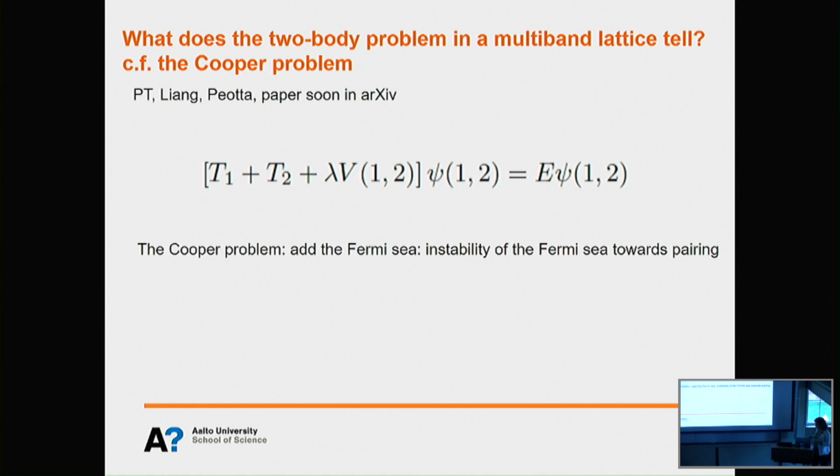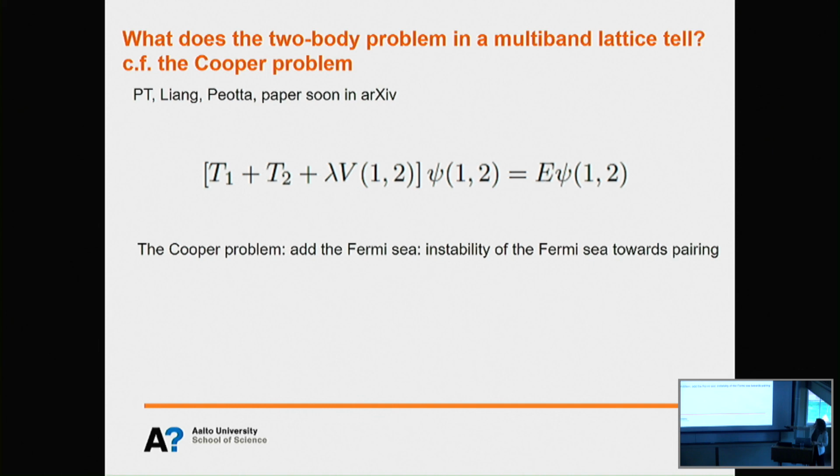Okay, so now I go to this unpublished stuff. I have all this explanation of the thing, but I was never fully happy about the understanding that we have about this phenomenon. So I thought, okay, let's look at the two-body problem in the same way as the Cooper problem was studied for superconductors by Cooper.